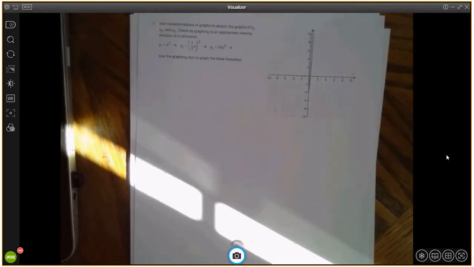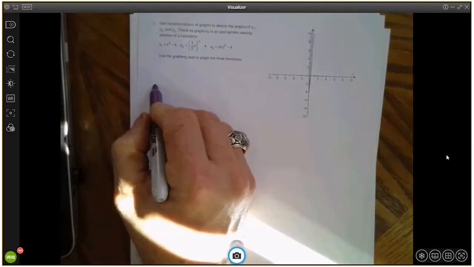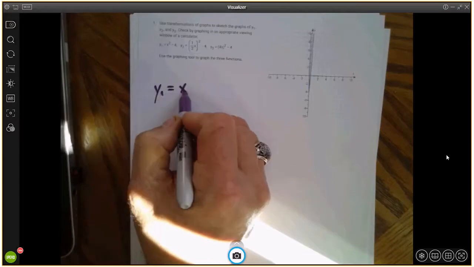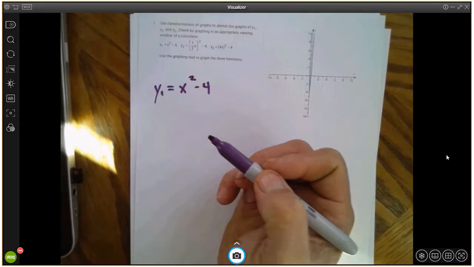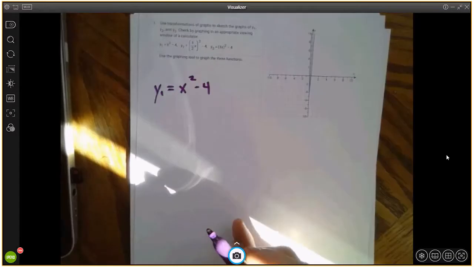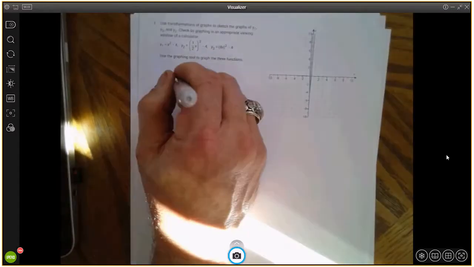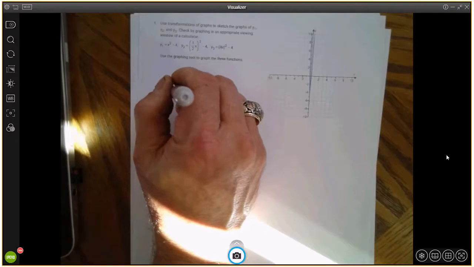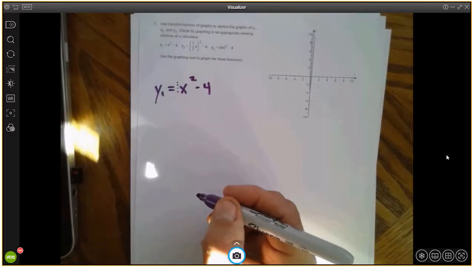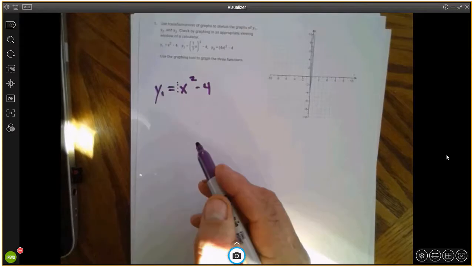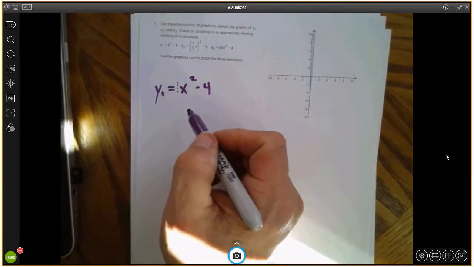The first one says y sub 1 is equal to x squared minus 4. Now this one is in okay form. The coefficient a is equal to 1, and if you watch my videos on vertical and horizontal shifts and orientation, you know this is the parent graph because it's 1x squared.